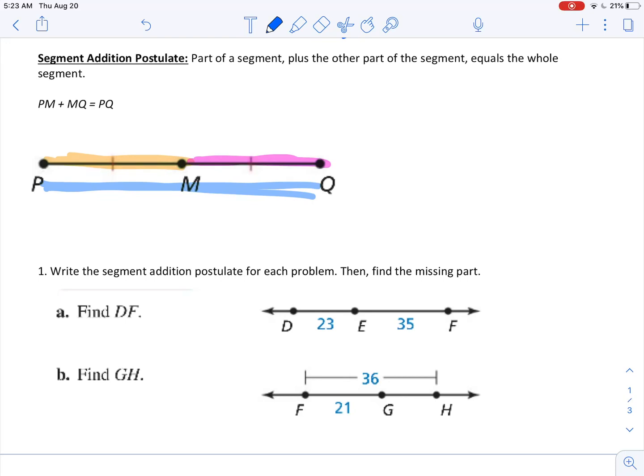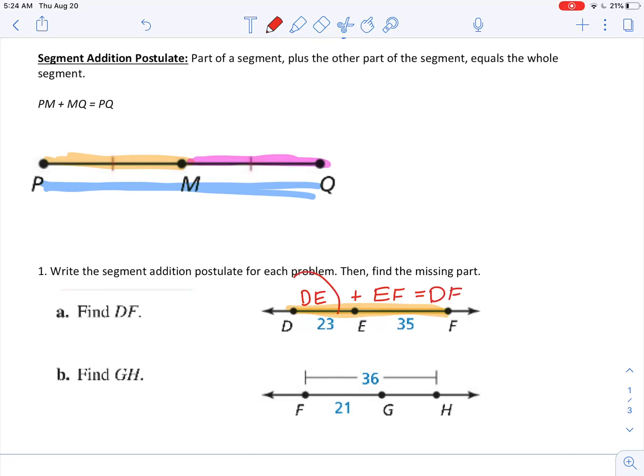I want to find DF. And DF is the whole segment. So I'm going to write my segment addition postulate. I'm going to say DE plus EF. So part plus part equals the whole thing DF.